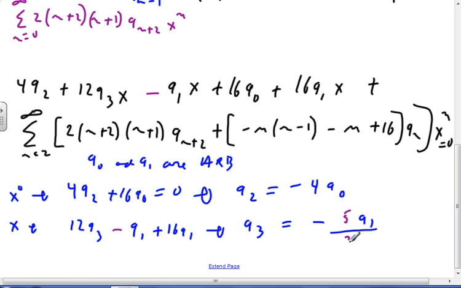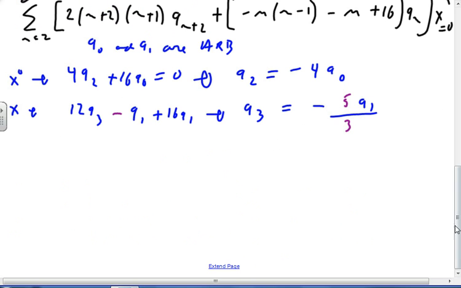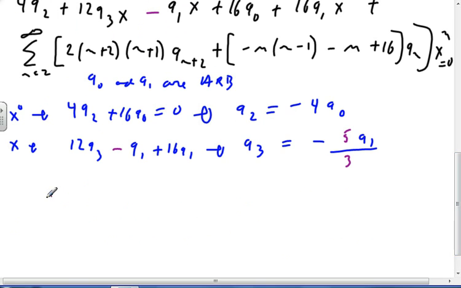5 over 3. Okay, now we're going to look at our recurrence formula. a_(n+2) equals. Okay, this term is going to go on the other side of the equation.